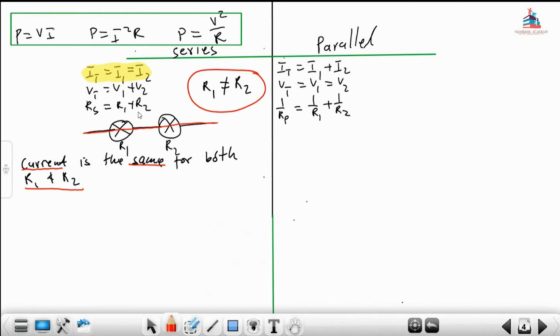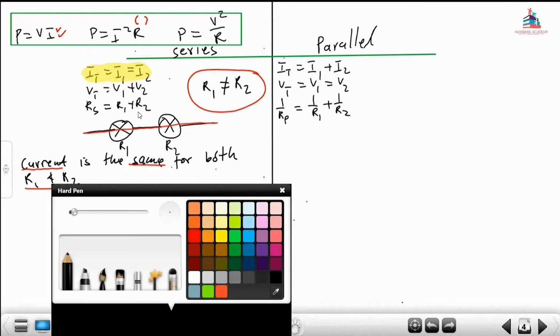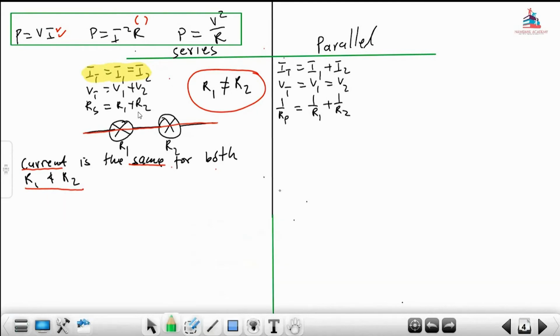P is equal to VI will work because we now have the current and potential difference. But we are interested in this one, P is equal to I squared R. Why that one? Because I am now going to be in a position of changing this to become R1, and I can change it again and make it R2.